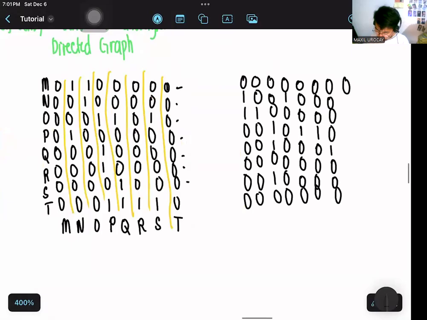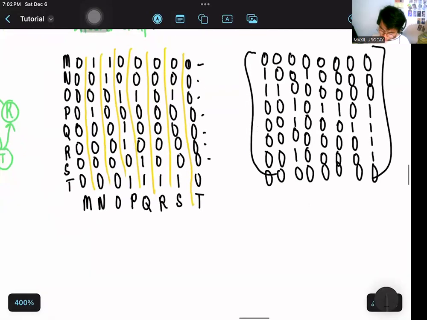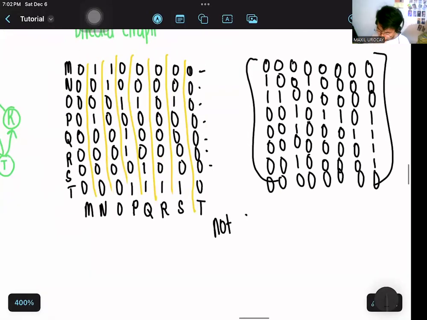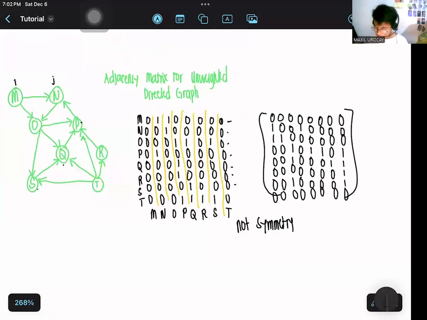And then 0 0 0, then 1 1 1 1, and then a 0. So therefore, this is the adjacency transpose. And once you transpose, the matrix is not symmetric, because, of course, they are not bidirectional.